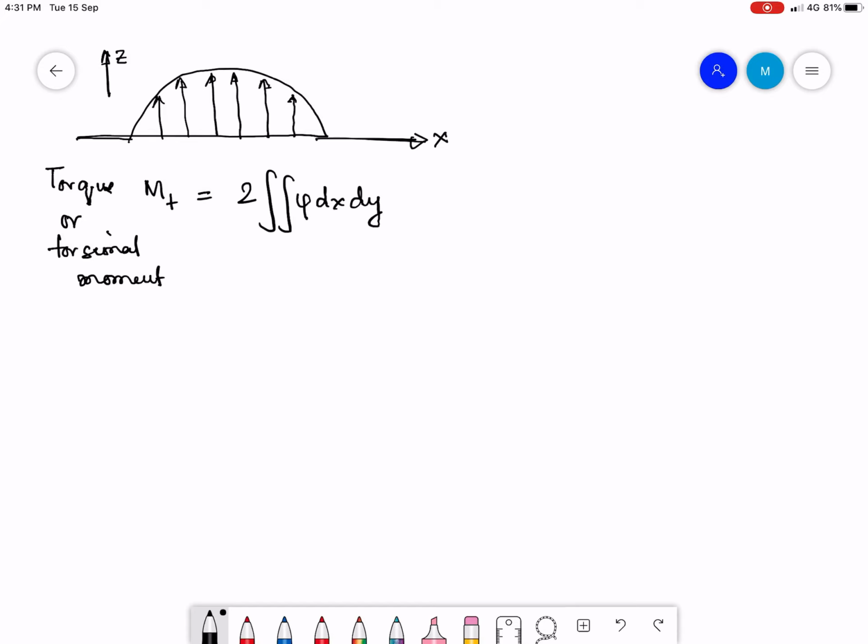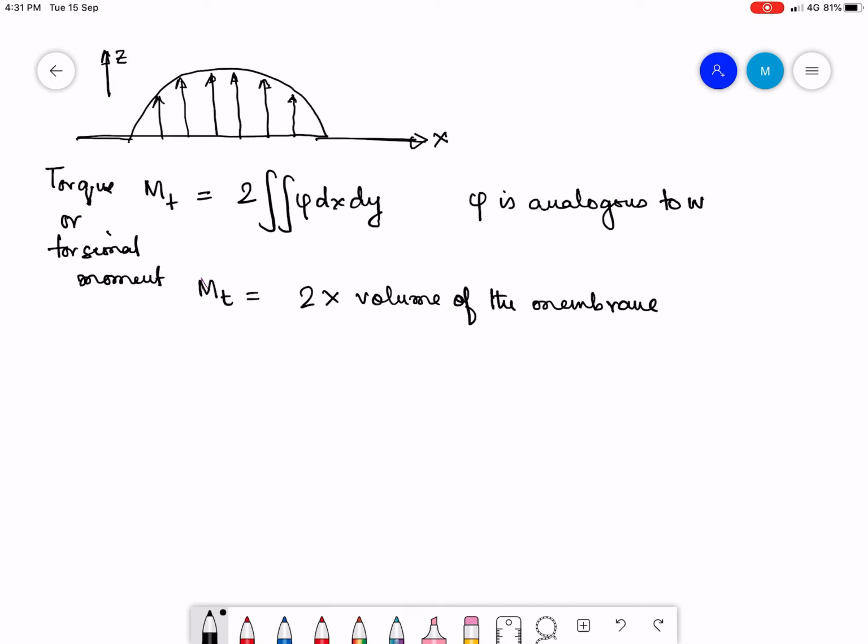So, now phi is analogous to the membrane deflection. Therefore, Mt can also be obtained as 2 times the volume of the membrane enclosed by the xy plane.